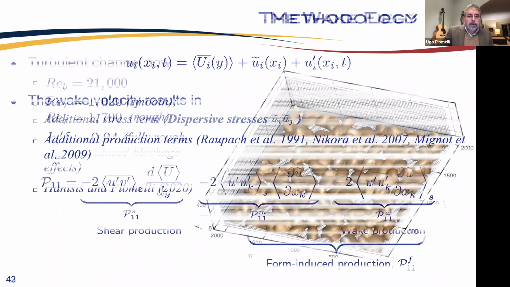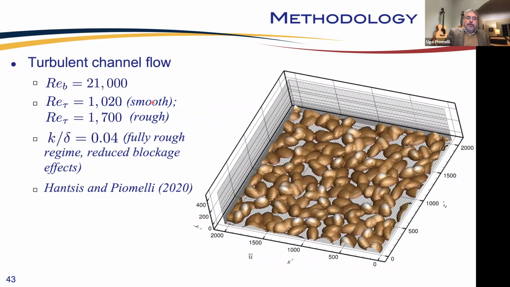So I'll show now some results from turbulent channel flow calculations, and we have done both smooth and rough wall simulations. The simulations are run at constant mass flow rate so that the Reynolds tau changes. That's one of the two options. I could also run at constant Reynolds tau, and then the mass flow rate would change, but for various reasons, we prefer this setup here.